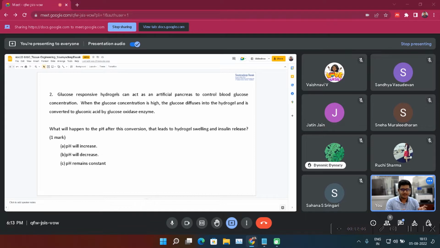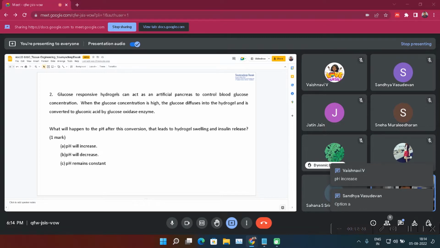What will happen to the pH after this conversion, which leads to hydrogel swelling and insulin release? The options are: pH will increase, pH will decrease, and pH remains constant.